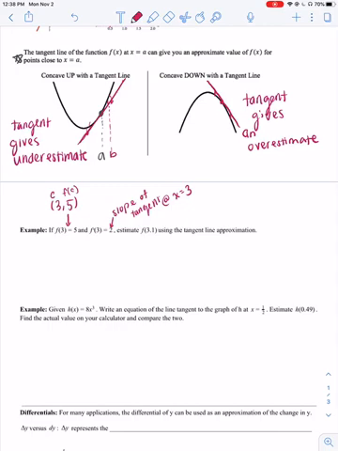So we're going to do y minus 5 equals, the slope is 2, times x minus 3. You could leave it like that, or you can distribute and add the 5. I'm going to add the 5, and I'm not going to distribute right now. And so this is the tangent line approximation.